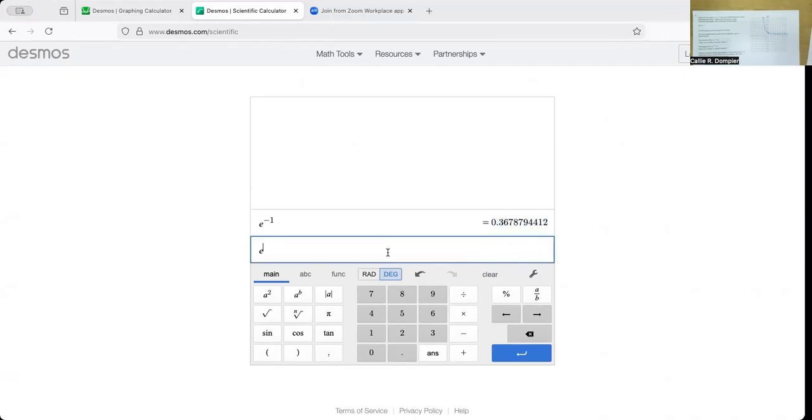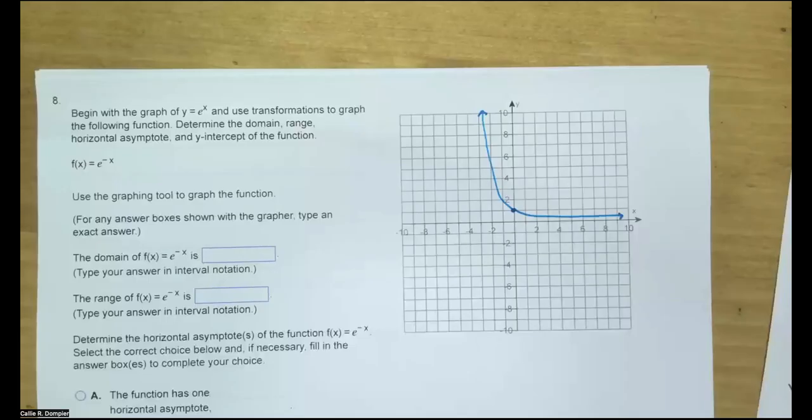Or e to the power of -2. That's how you get it precisely where you want it on the graph, because I know that would be difficult with the letter e. Good? That's why it says, for any answer boxes shown with the graph, type an exact decimal.